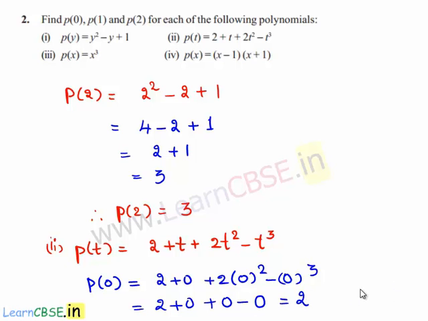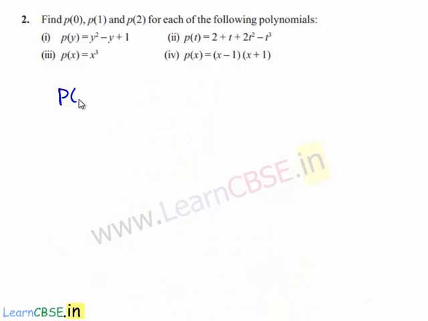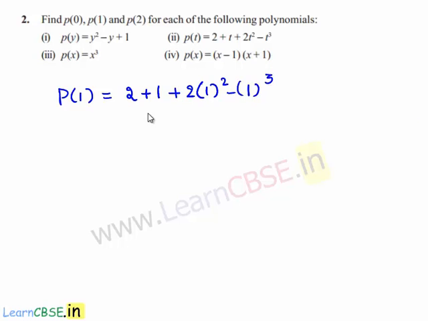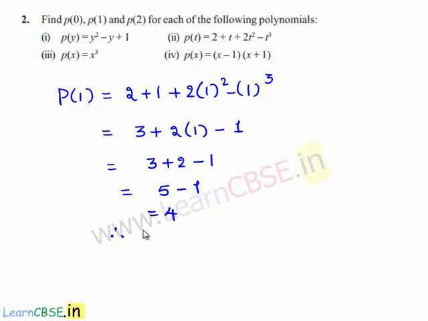Therefore, P of 0 is equal to 2. P of 1, which is equal to 2 plus 1 plus 2 times of 1 square minus 1 cube. 2 plus 1 is 3 plus 2 times of 1 square is 1 and 1 cube is also 1. 3 plus 2 minus 1. So this becomes 5 minus 1, which is 4. Therefore, P of 1 is equal to 4.